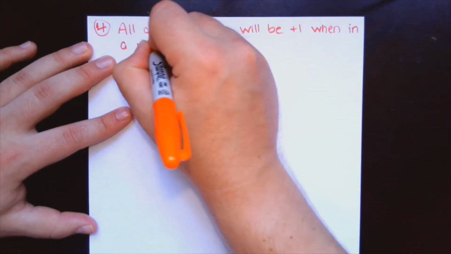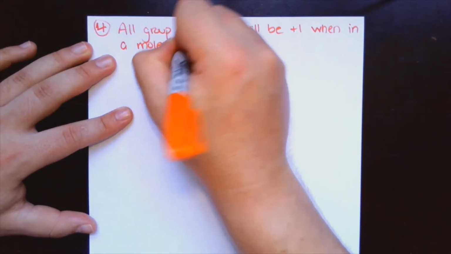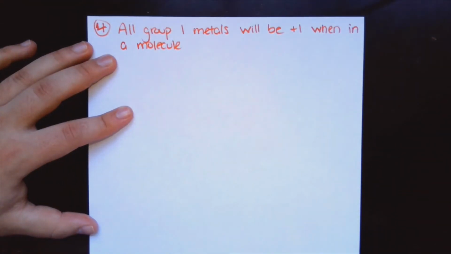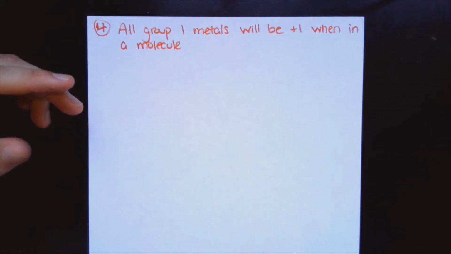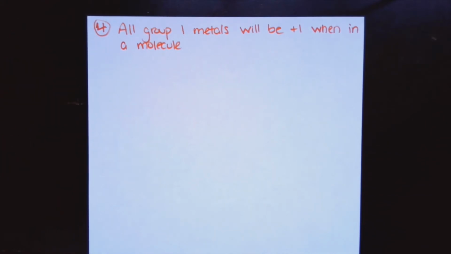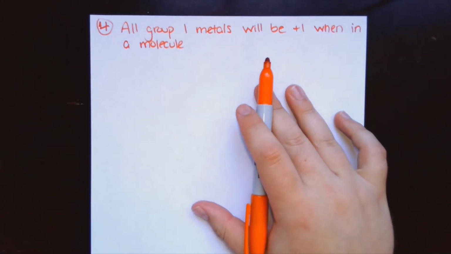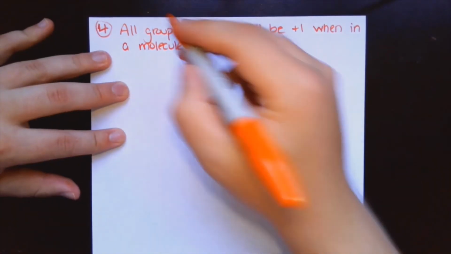So basically, it's just saying if it's not in a molecule, then that just means that it's by itself. So that would fall back to rule 1 if it's just in its elemental state. But if a group 1 metal is involved in a compound or a molecule, it will always have a +1 oxidation number.